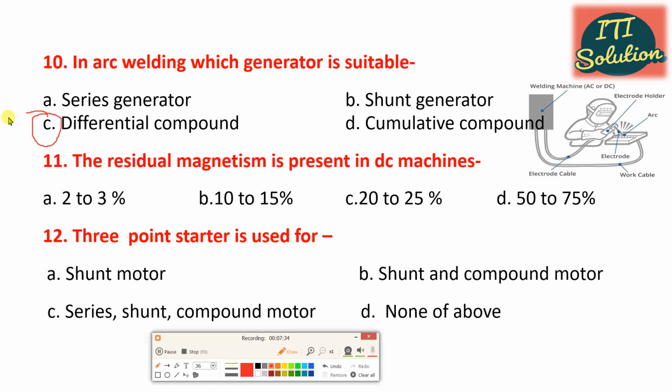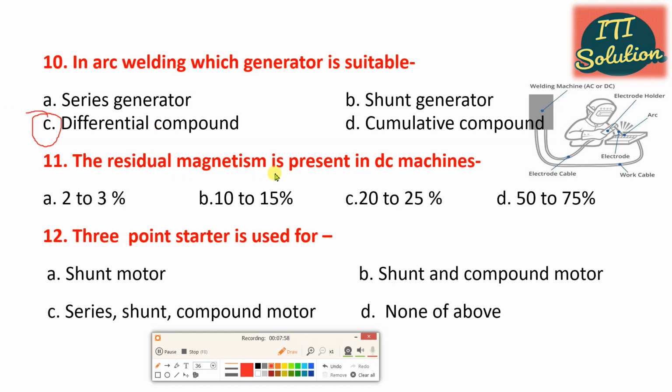A generator used for welding purposes should have high current and low voltage. A differential compound generator provides higher voltage at no load to initiate the arc, but when the arc is formed, it provides lower voltage. Clear?